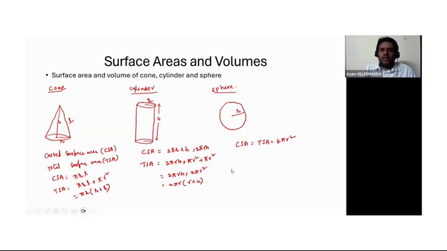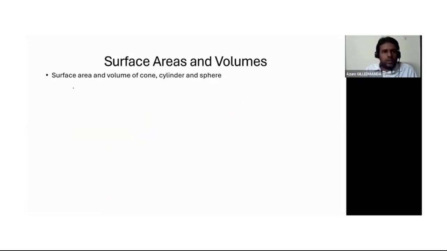Okay. Now let's move to the volumes. So same thing. This is the cone of radius r, height h, and slant height l. That's the cone. Now cylinder.